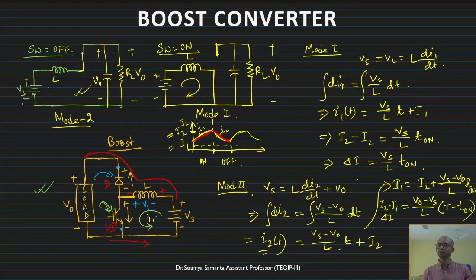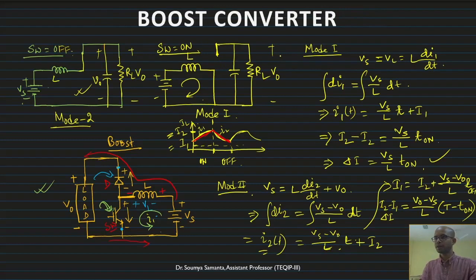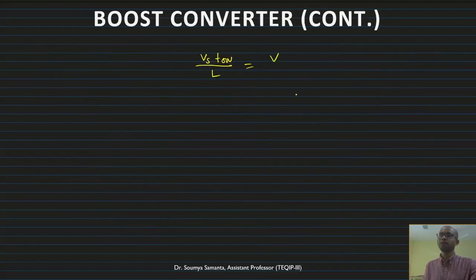So this is what we have got: expression 1 for delta I and expression 2 for delta I. If I equate both, Vs into T on by L equals (Vo minus Vs) by L into (T minus T on).